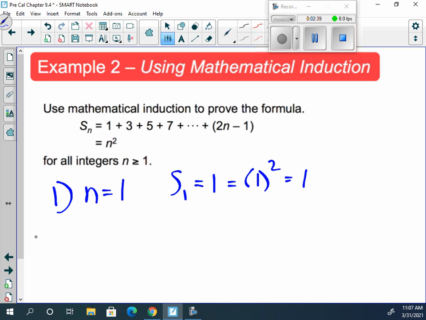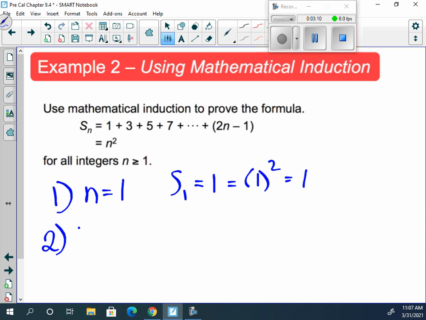So it is true for 1, yes? Now the next part is we show that it is true for n plus 1. Because if I can show it for n plus 1, for any value of n, it's just the next one after n, yes? So that means anyone after n will always be true. Because if I can show it for this here, then it's always true.